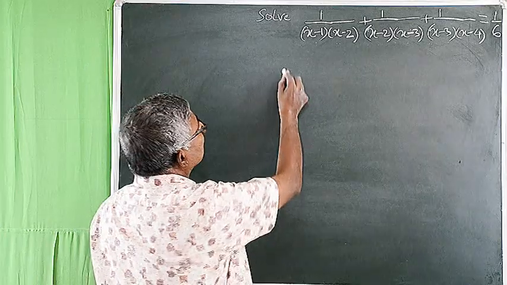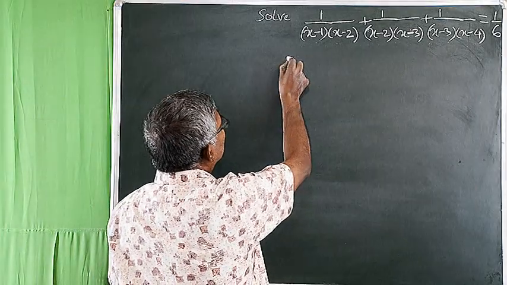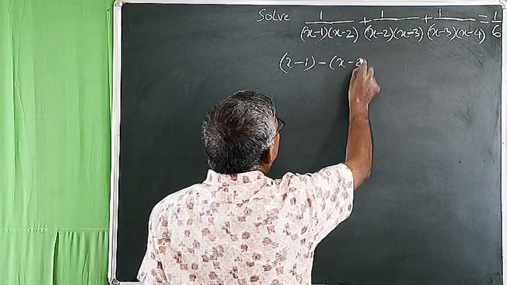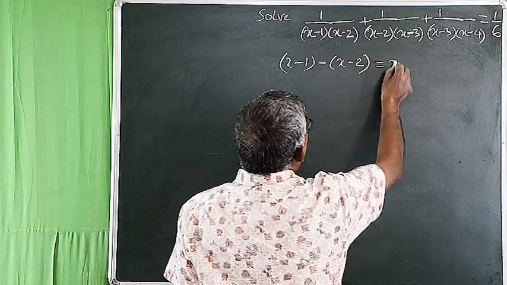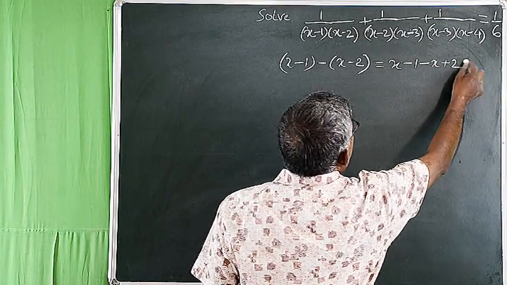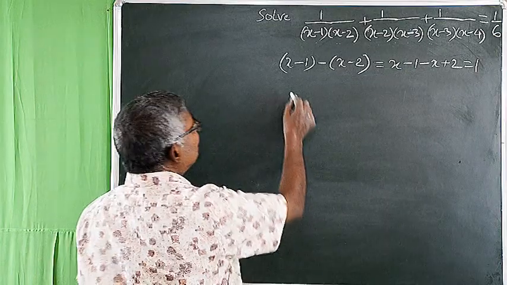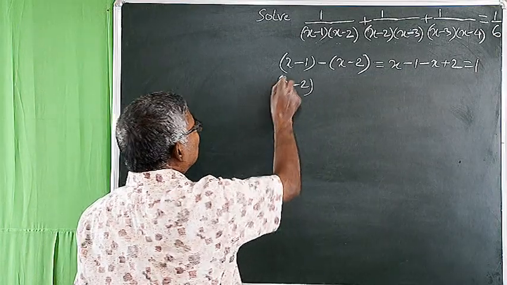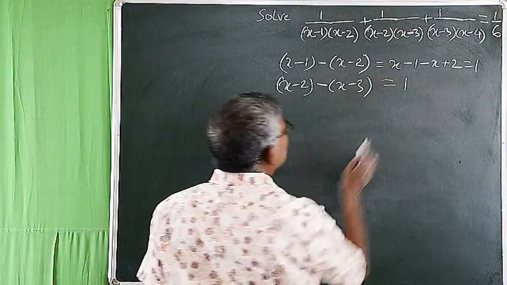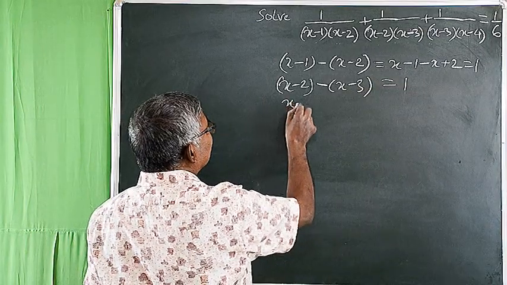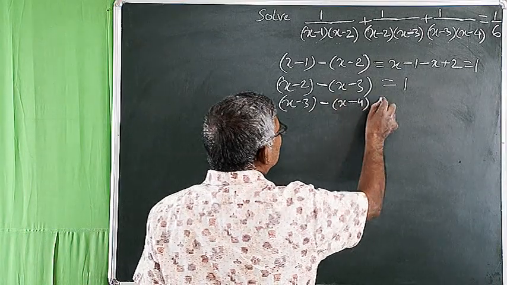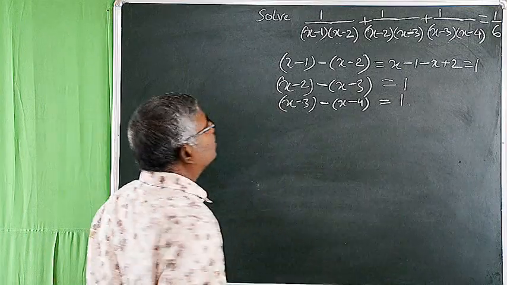Now let us see, (x - 1) - (x - 2) = x - 1 - x + 2 = 1. Similarly, (x - 2) - (x - 3) = 1 and (x - 3) - (x - 4) = 1.